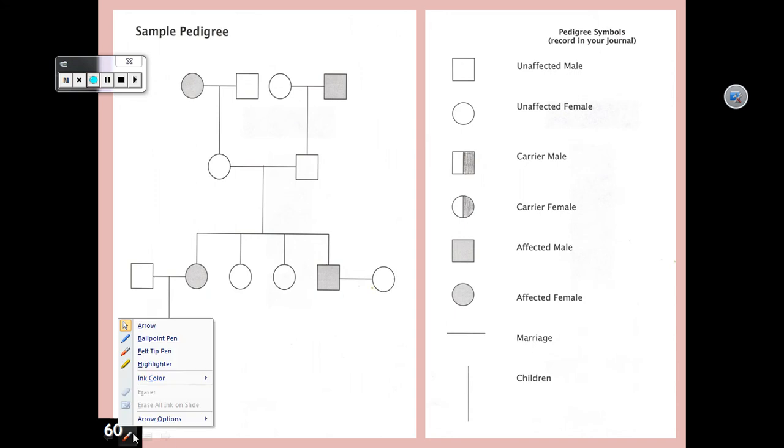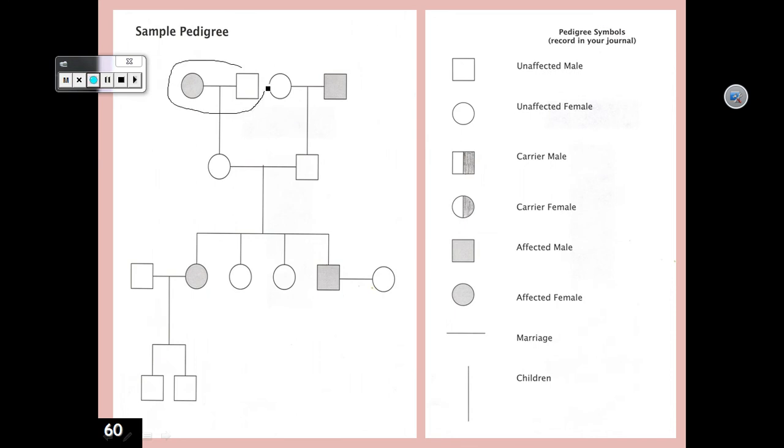So if you look at this relationship right here, this would be a husband and a wife. Alright, let's say, for example, this is Mrs. Martin. This is myself right here. Who would this circle represent?